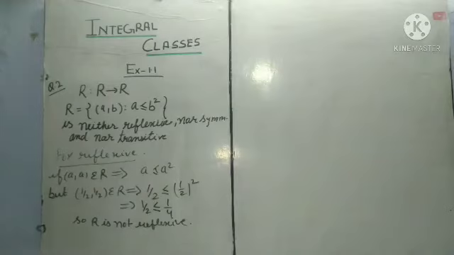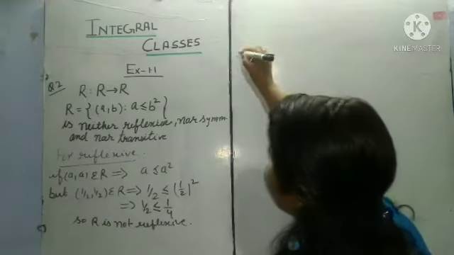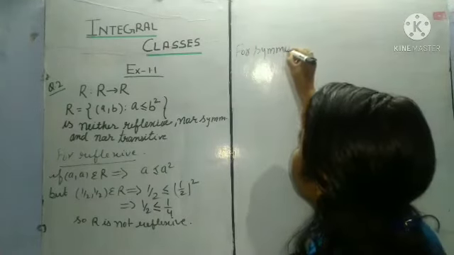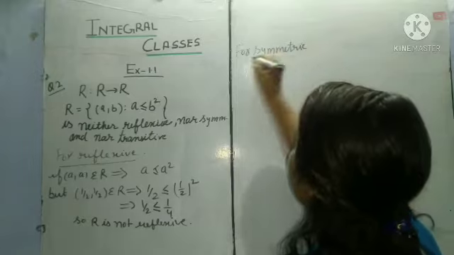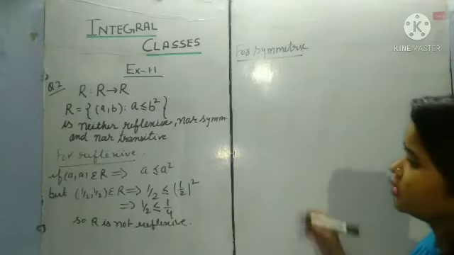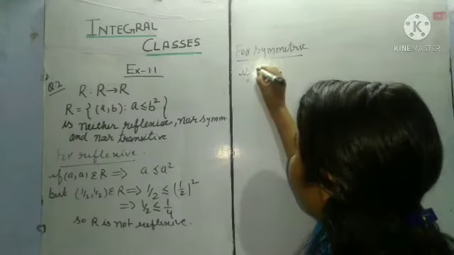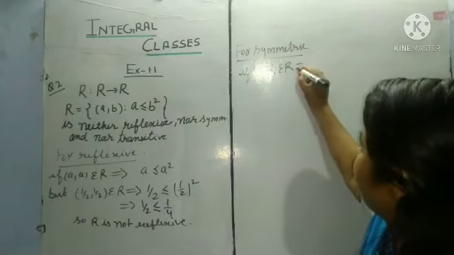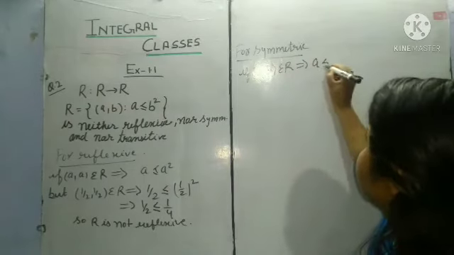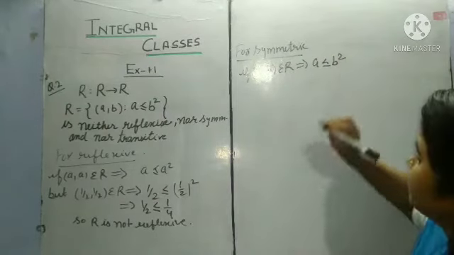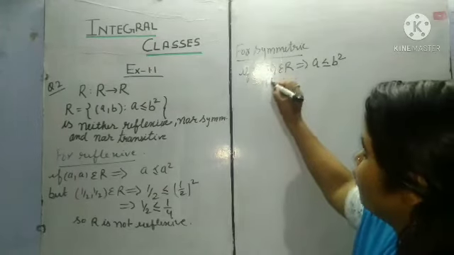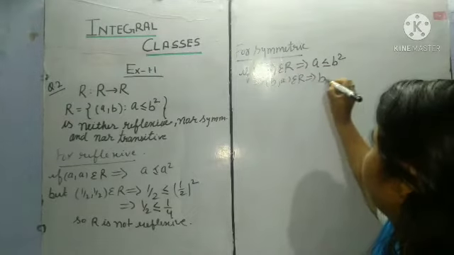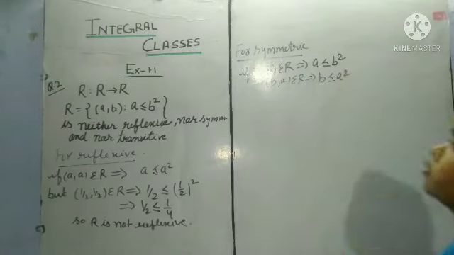Now second is for symmetric. Now for symmetric we will consider if (a, b) belongs to R, it implies that a is less than or equal to b square. Now (b, a) belongs to R implies that b is less than or equal to a square.